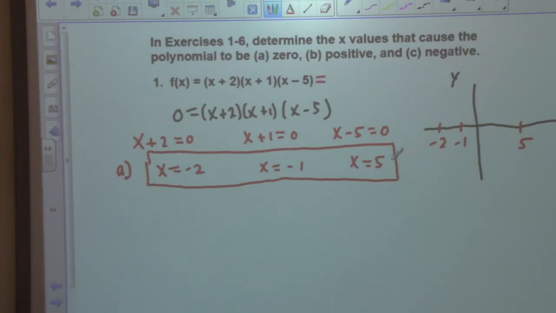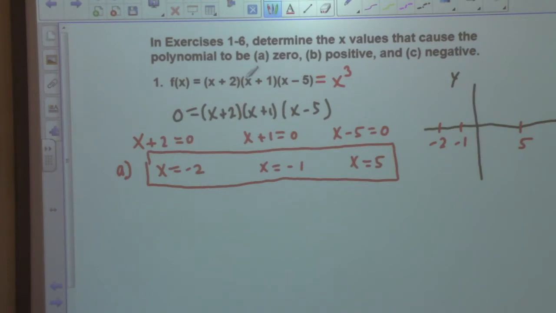Okay? And what do you know about this function right here? When you multiply all the x's together, what do you get? X cubed, right? And then also, one thing that could help us out is multiplying all these numbers together.